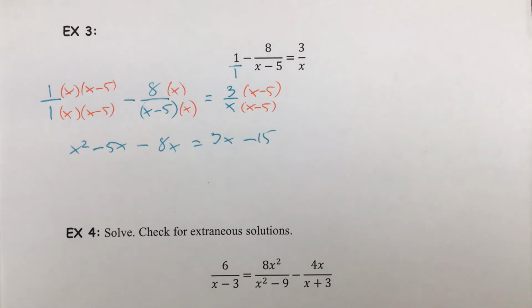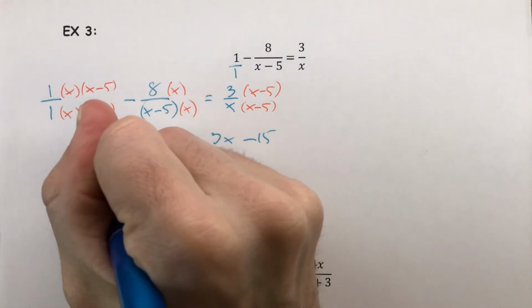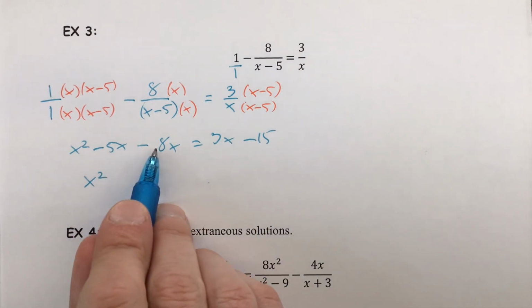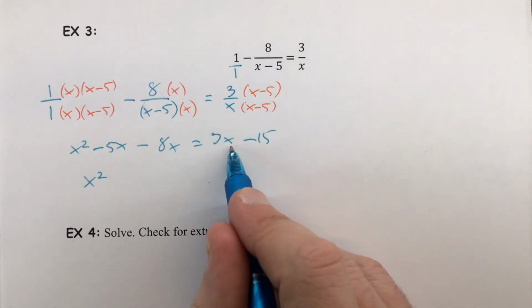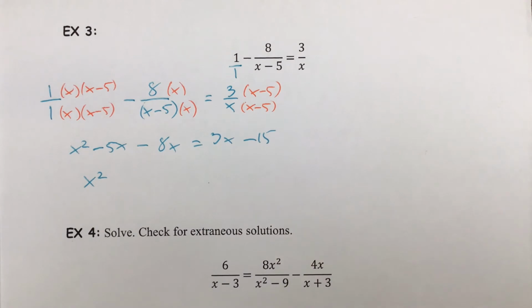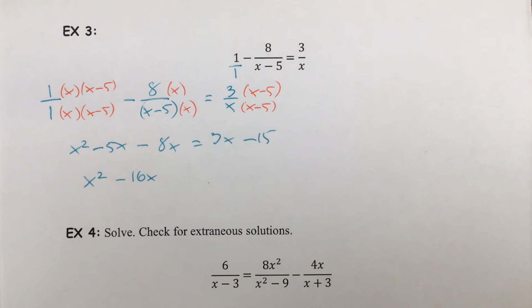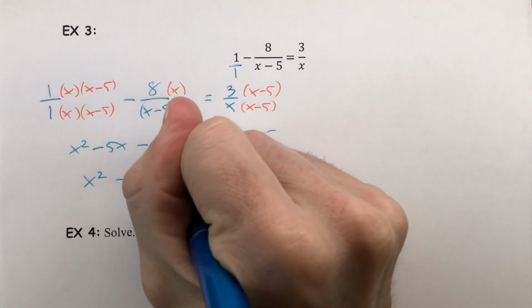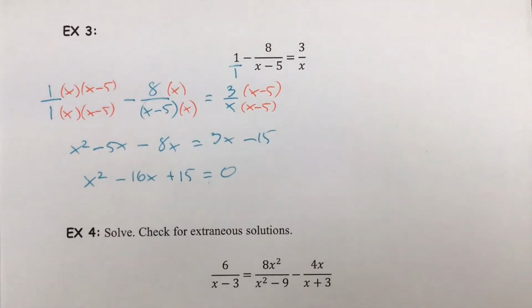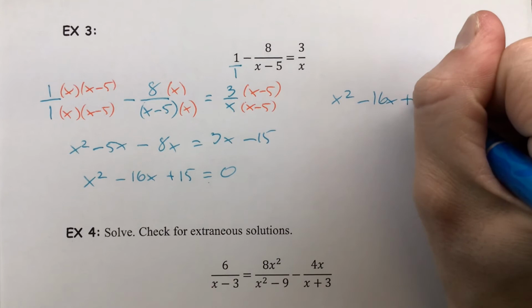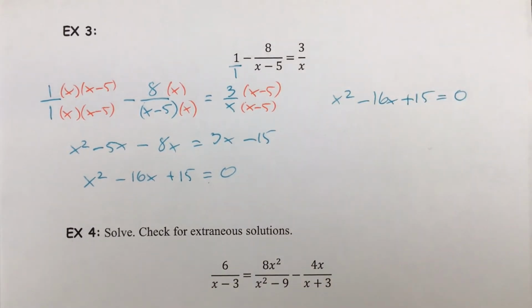So we're going to move everything to one side. Let's see if we can do this all at one time. These are going to group as negative 13x. We also have a 3x here that will move over through subtraction. So we're going to get negative 16x. The constant is going to be plus 15. And we set it equal to 0. So what factors work here?